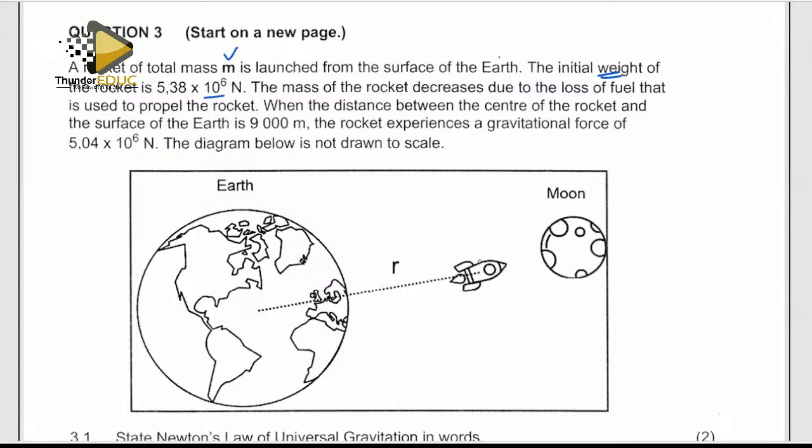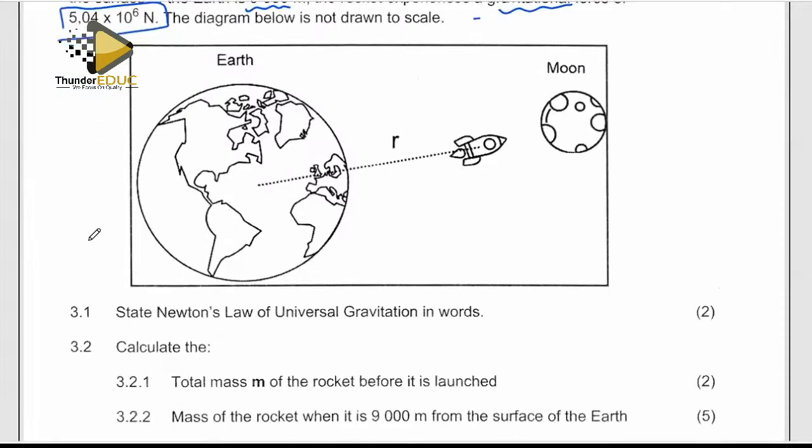When the distance between the center of the rocket and the surface of the Earth is 9,000 meters, the rocket experiences a gravitational force of this much. The diagram below is not drawn to scale. Then they ask us to state Newton's law of universal gravitation.